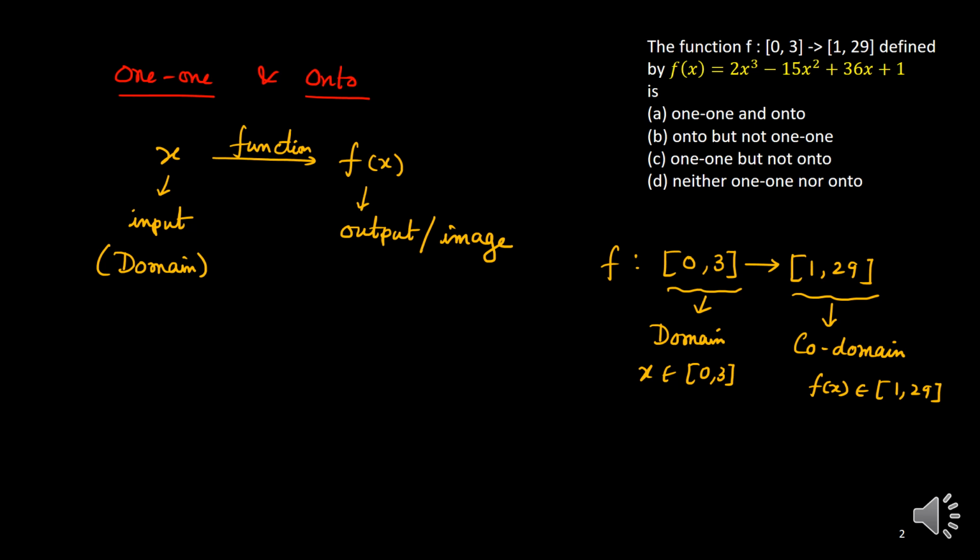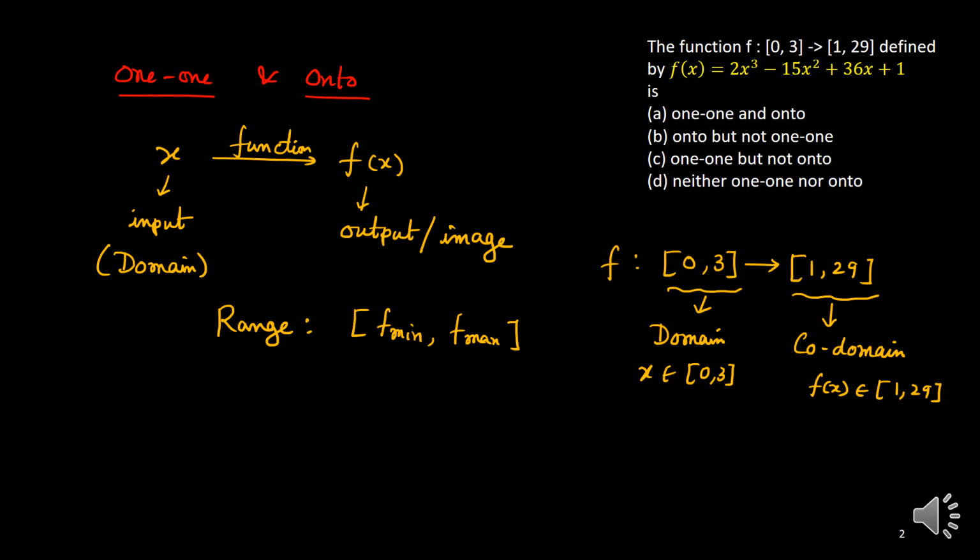For that, we need to understand what the range of the function is. Range is defined by the minimum value and maximum value of f. If I choose the x value from the domain, then we will get certain values of the function f of x. Its maximum value and minimum value we can find out. So this interval will be called the range.